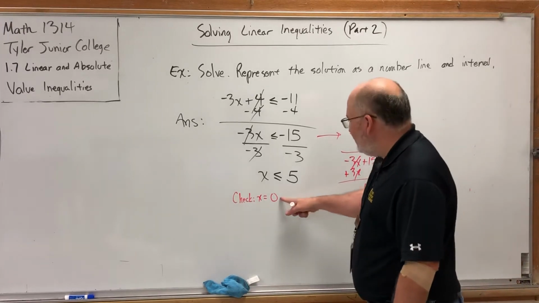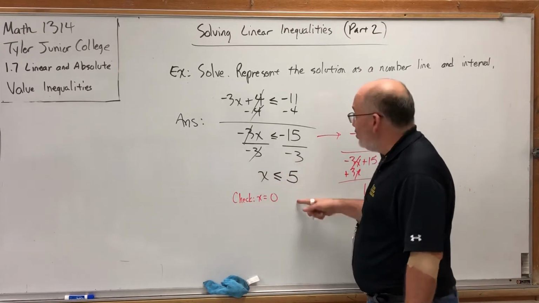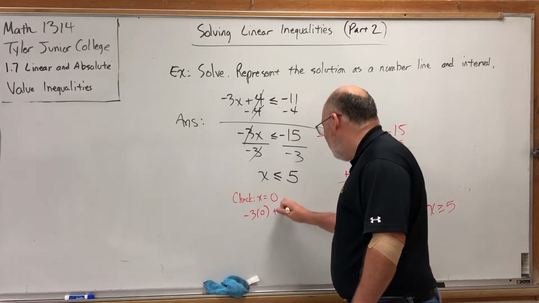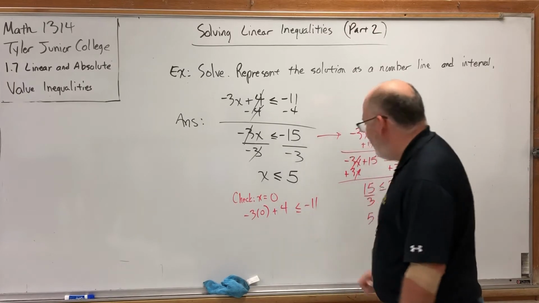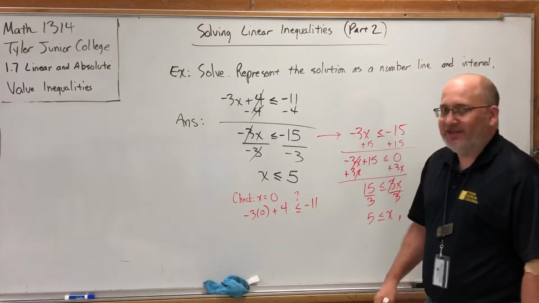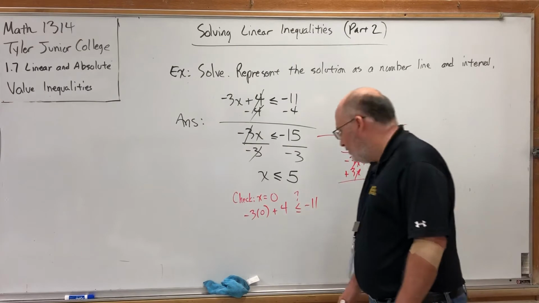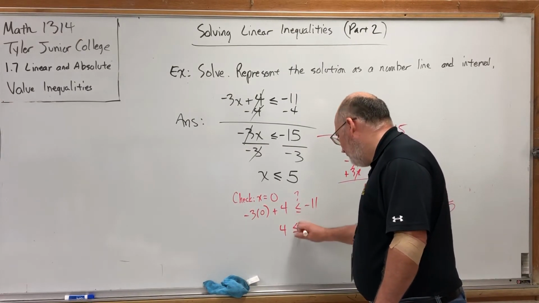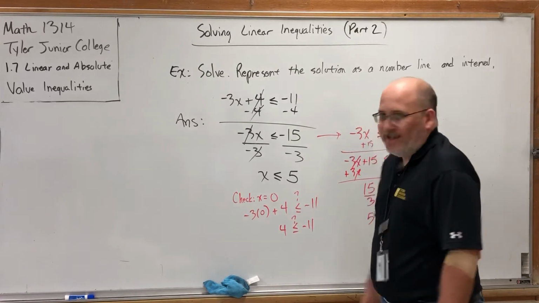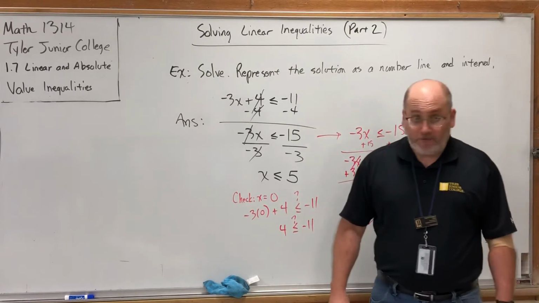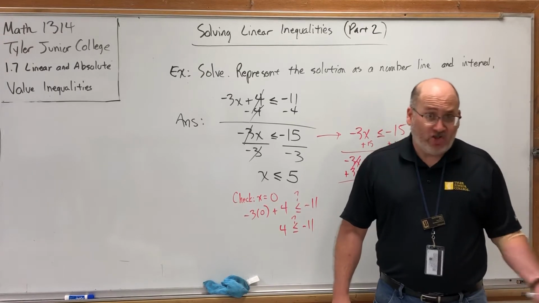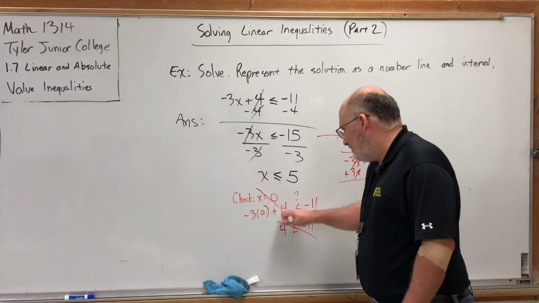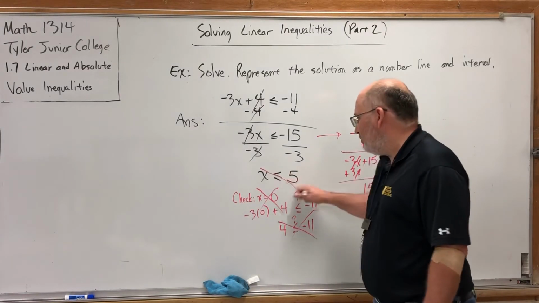But if we were to check x equals 0, which this claims as a solution back in the original inequality, we would get negative 3 times 0 plus 4 is less than or equal to negative 11. Actually, we're asking the question, is it less than or equal to negative 11? Well, negative 3 times 0 is 0, and then plus 4 is 4. So, is 4 less than or equal to negative 11? Or visually on a number line, is 4 to the left of negative 11? It is not. That means that 0 is not a solution, which means this is incorrect.